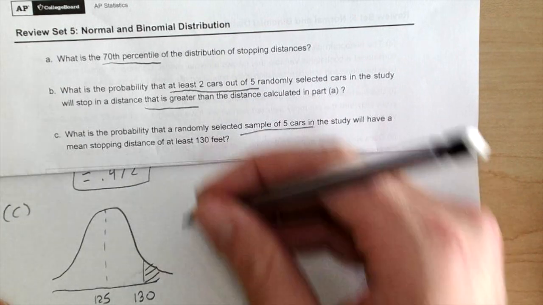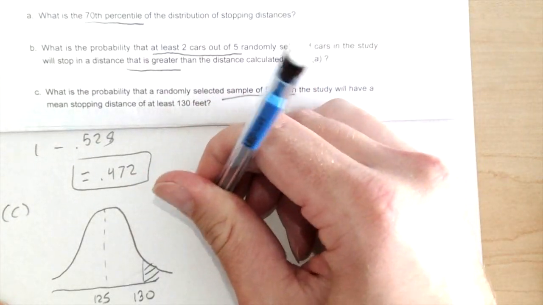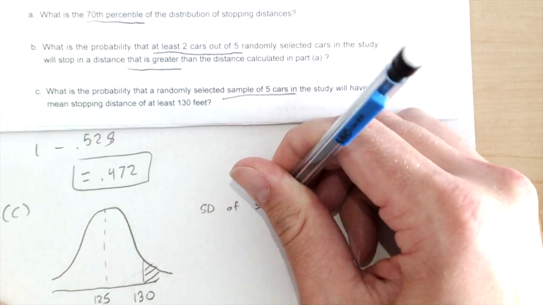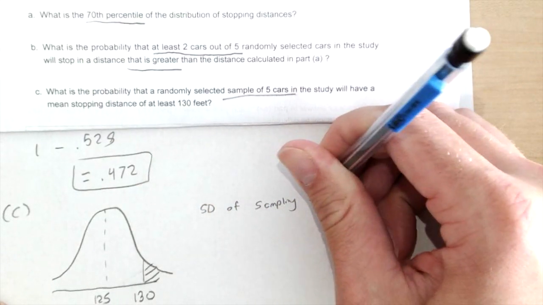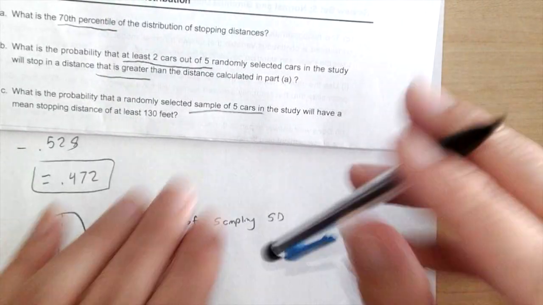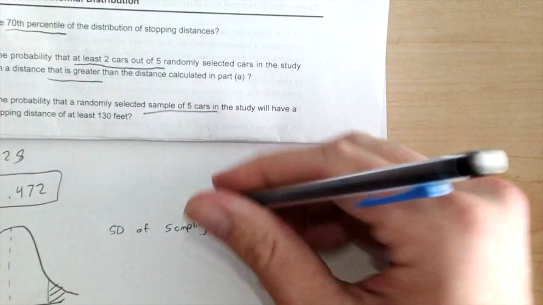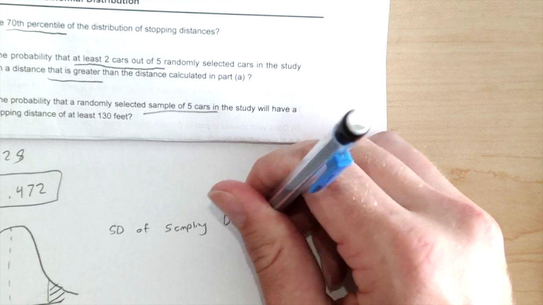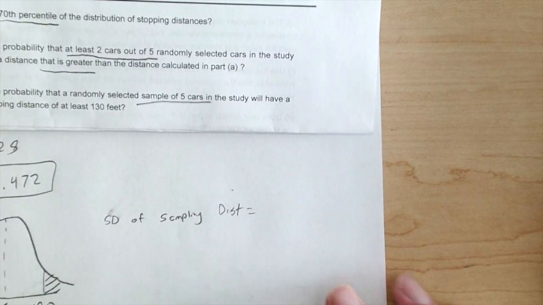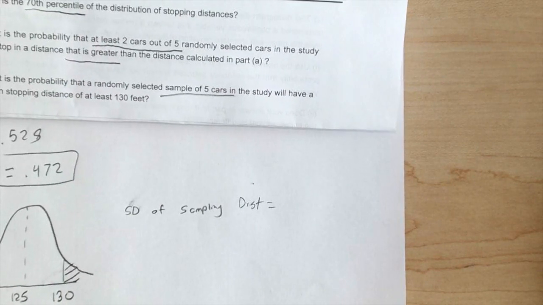But all we do is find a new standard deviation. If you're just given a normal distribution question, you're going to use the standard deviation that's given to you. But if it's talking about a sample, you have to now find a new standard deviation.